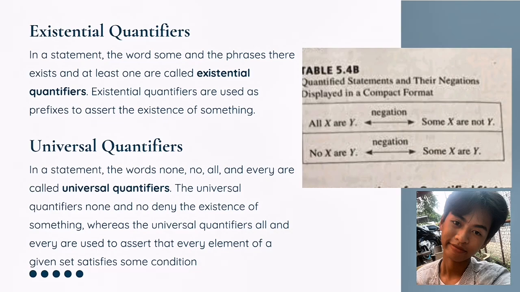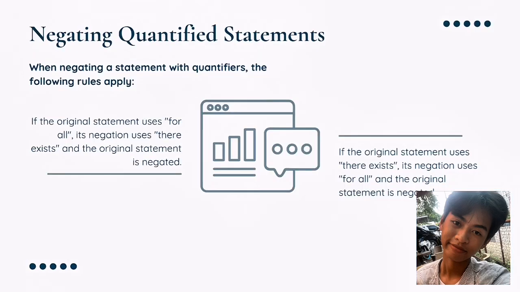As you can observe in table 5.4b, it is just like the previous table. It shares the same meaning and process. When we negate a statement with quantifiers, we always need to follow the rules.